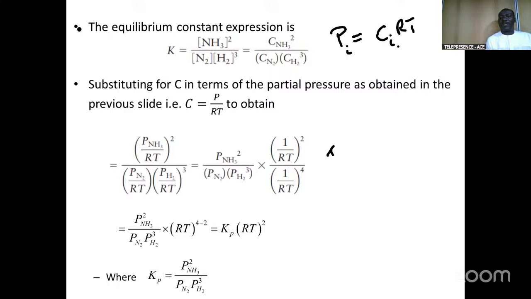Then this implies that the concentration of the individual species will be equal to Pi over RT.